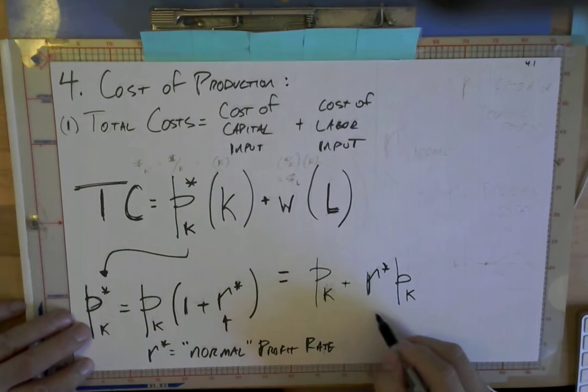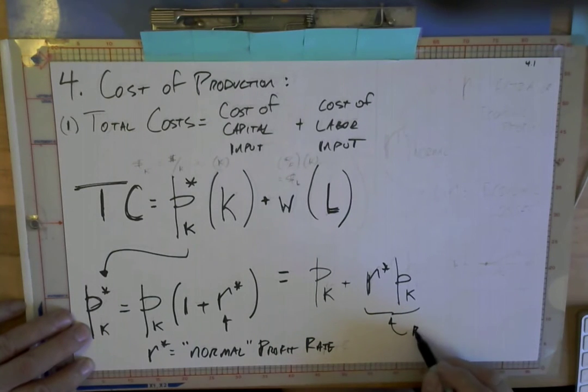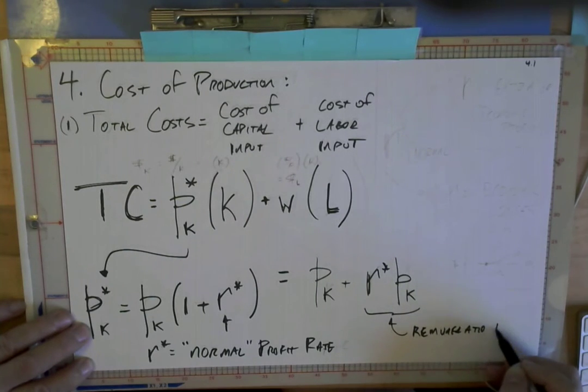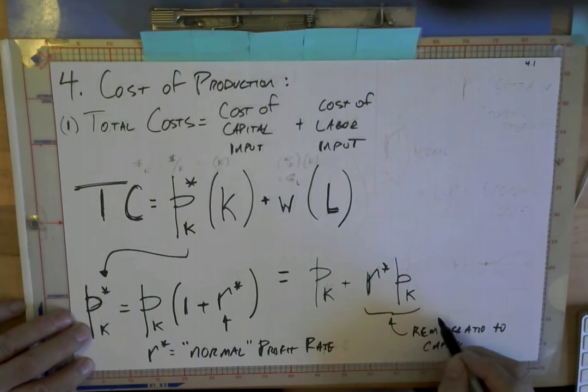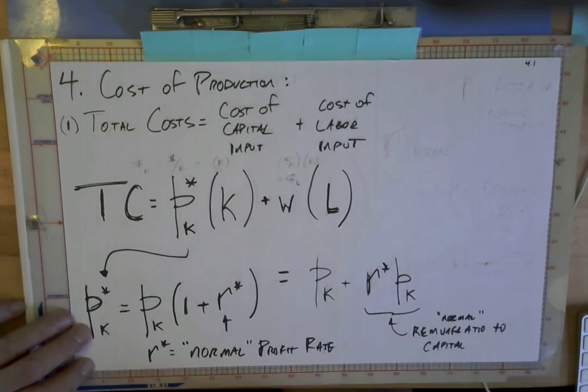This R star PK is going to be the remuneration to the capital input. We call that the normal remuneration to the capital input.